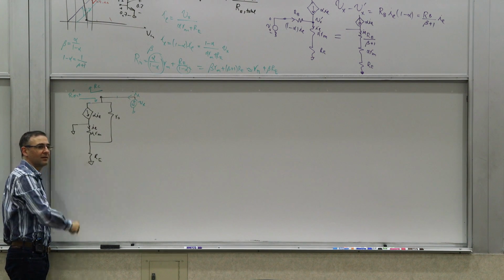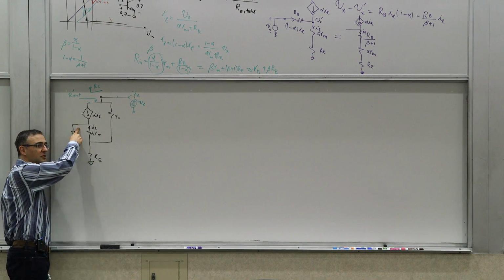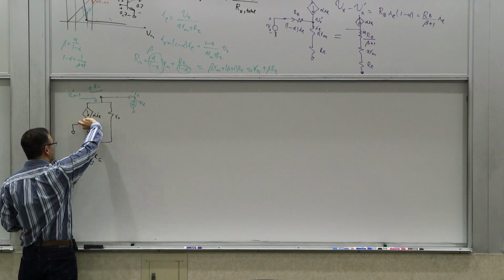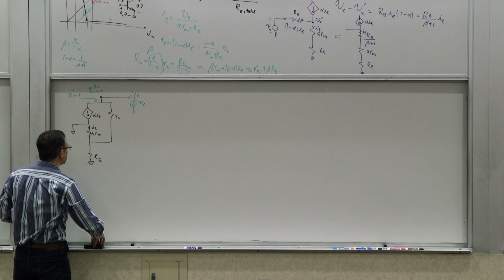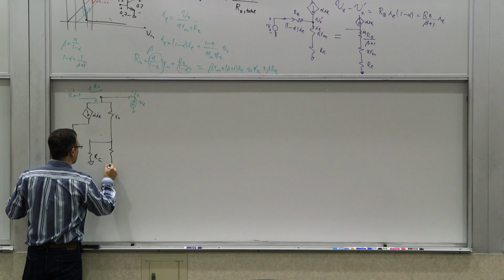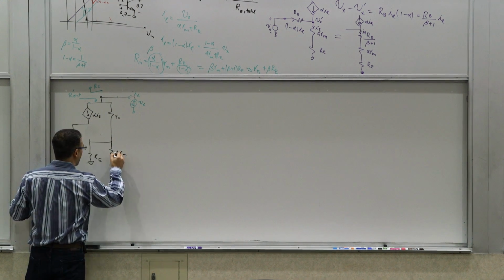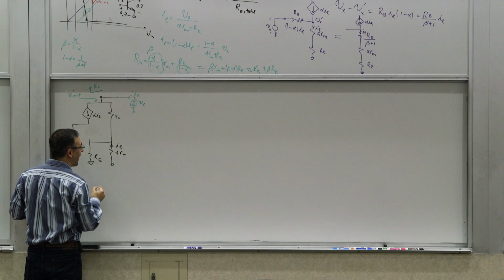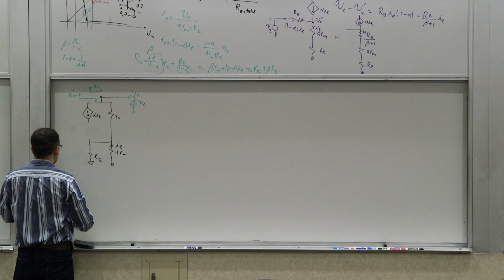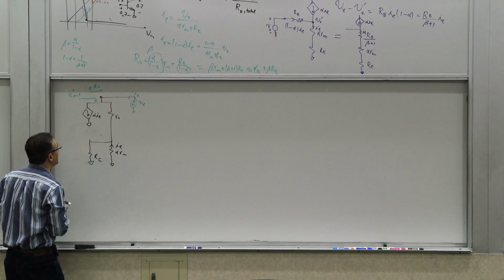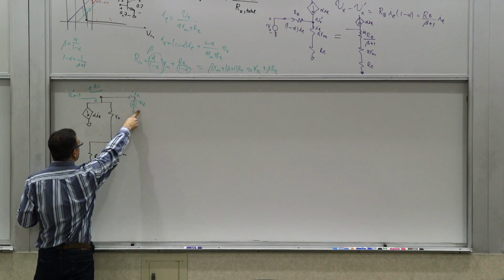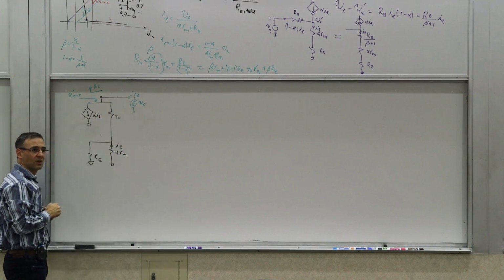These two resistors are in parallel because this end is also grounded. So do you mind if I take this resistor, detach it from here, and put it down here? I'm just putting it down here, connected to ground, alpha Rm. And remember, the current is now going this way. So this is IE because of the direction here. And this is also ground, so I just keep it simple here. What we are trying to find out is IE in terms of Vx, so from that we can calculate Ix.